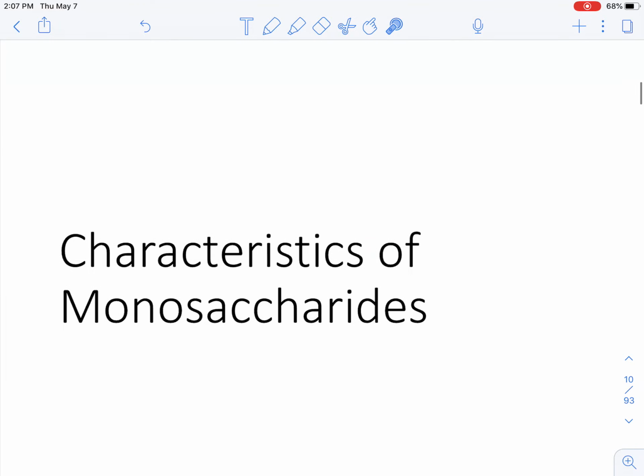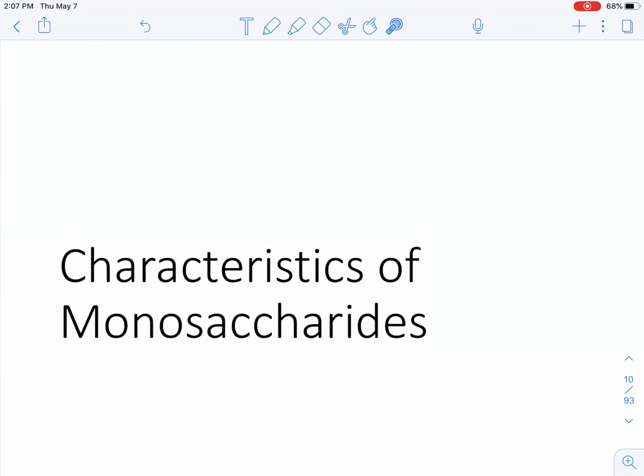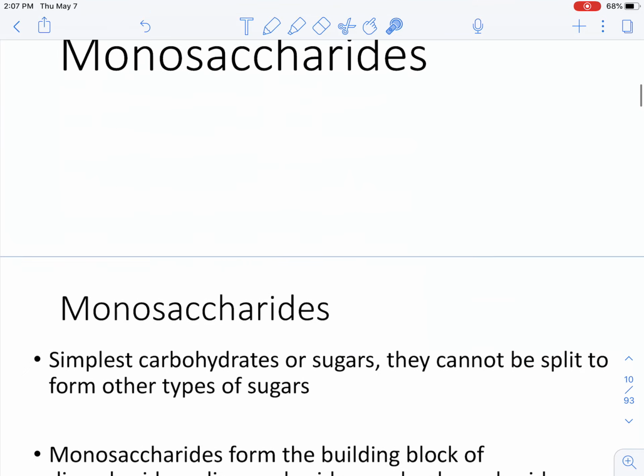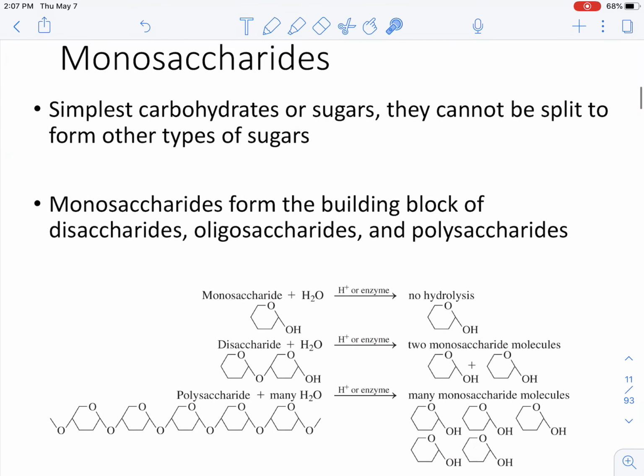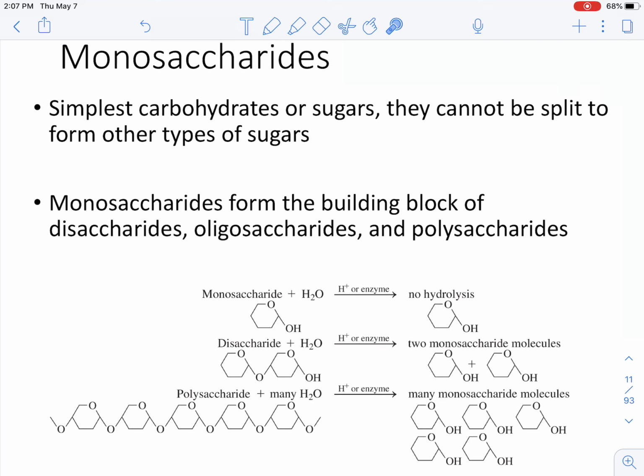All right, so we're going to talk about the characteristics of monosaccharides. We've learned that overall we can classify carbohydrates into 3 main groups. There's actually another one called oligosaccharide, and I'll cover that much later. Monosaccharides have a singular sugar unit.